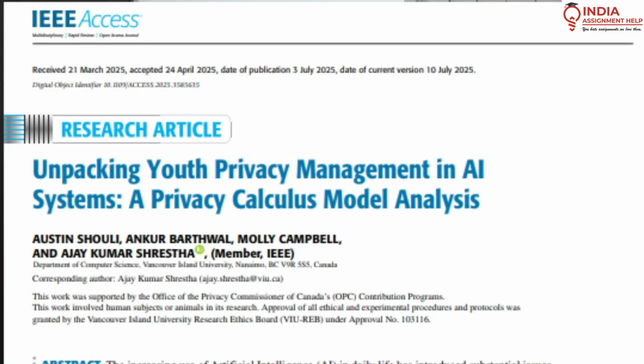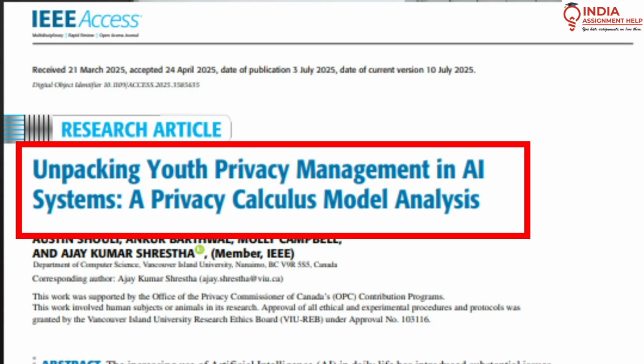So the first thing that you need to focus on as a researcher is the title of the research article. The title indicates the novelty of the research, that is, what has been newly done in the research, what makes a research study special. Also, it indicates the study area of this research article.